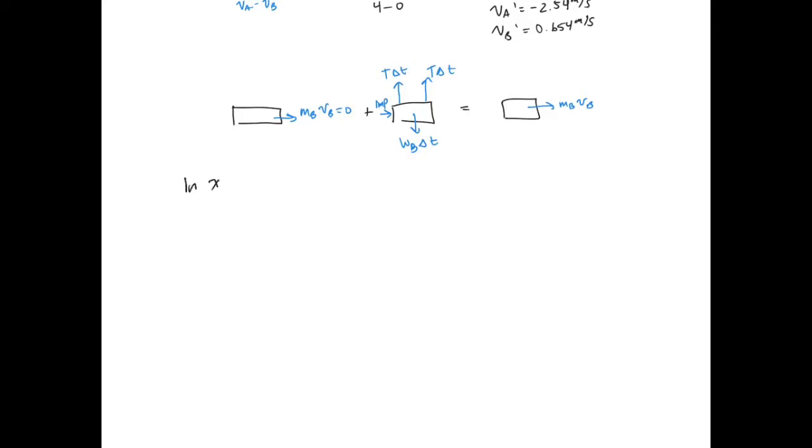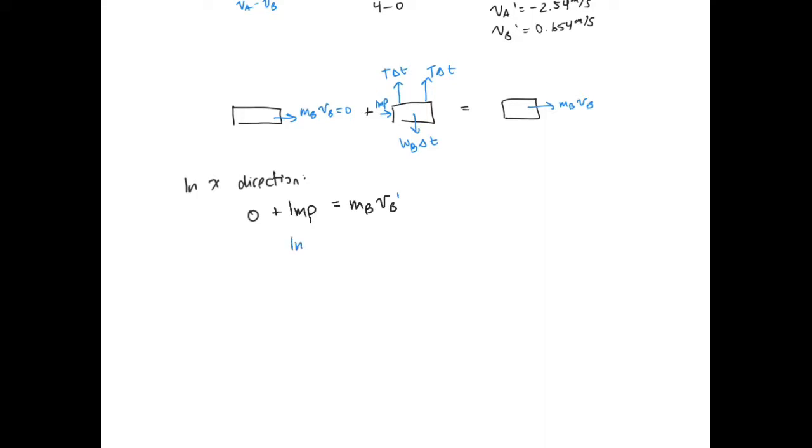So in the x direction, we have 0 because the linear momentum at that first moment was equal to 0, plus the impulse due to the ball, is equal to mBvB prime.